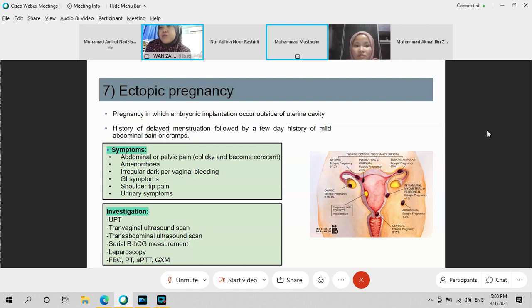So that's why sometimes, if the history is not enough, you ask history carelessly, you don't ask about PV bleed and all that, you never suspect this is ectopic pregnancy, you don't do a UPT, you say this is acute appendicitis, and you admit to the surgical ward.